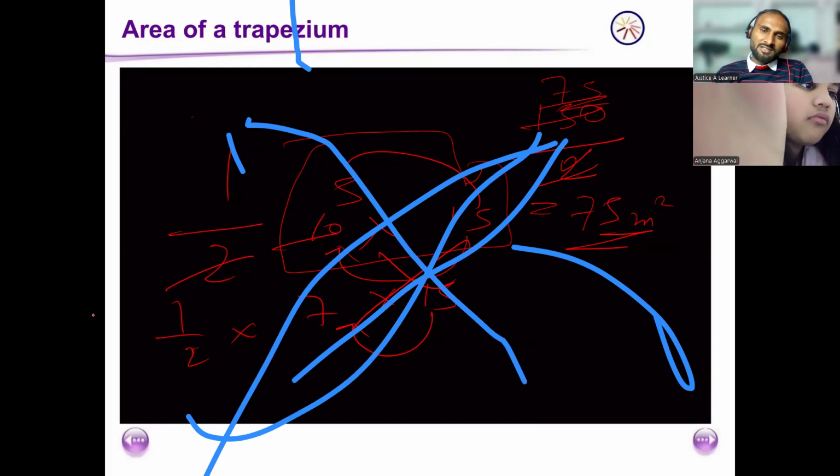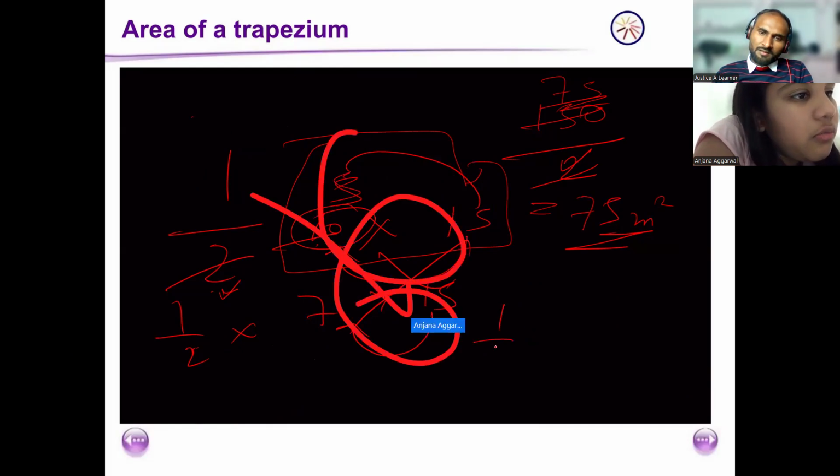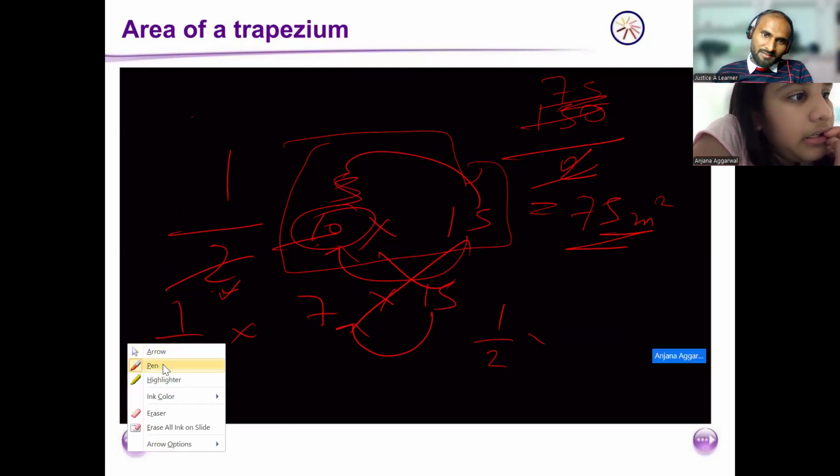Look, this one was easier. Erase it. This one was easier. Just divide this one by 2. This is 5. Can you use a different pen, because I can't really understand with red? You want me to use a different pen? Yeah, or erase it.